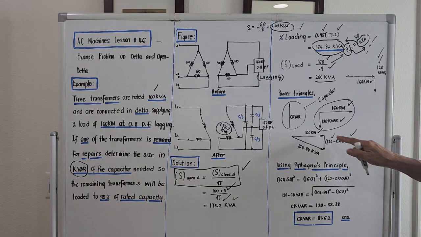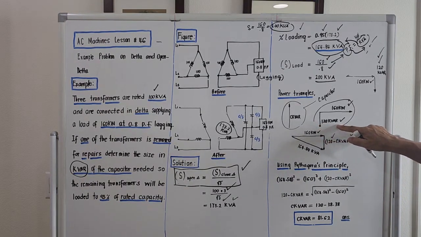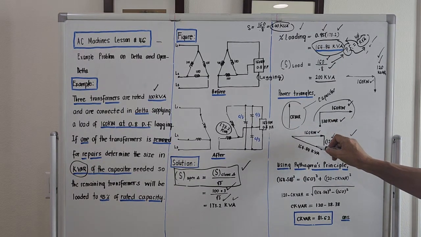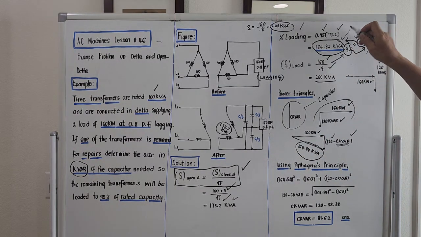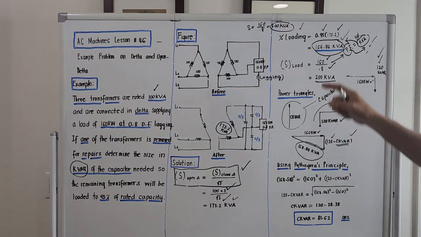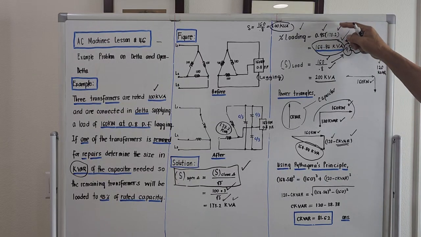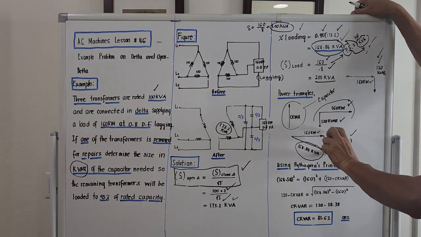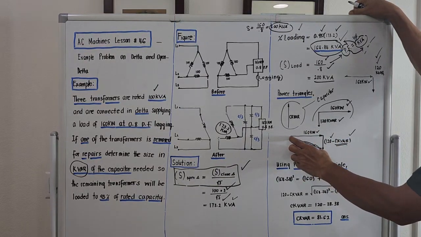So actually in here, we are given a right triangle in which the only unknown is this one, C kilobar. Right? And the vector sum of this 160 plus this here should equal the loading required. The loading is this one, 164.84 kVA. It will only be loaded to 95% of 173.2, which is 164.84. So the vectorial sum of this plus this should be 164.84.